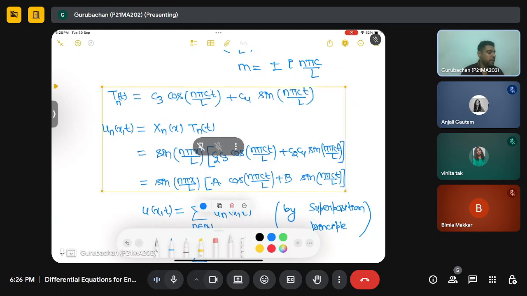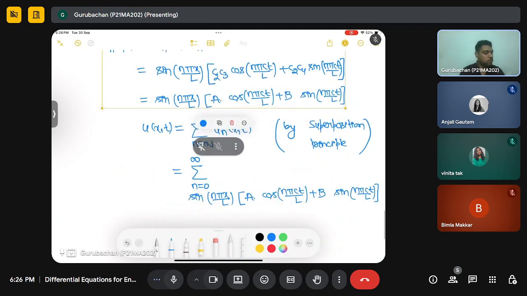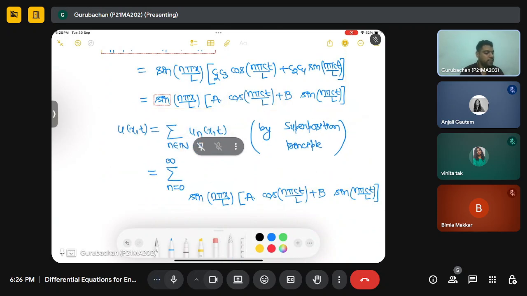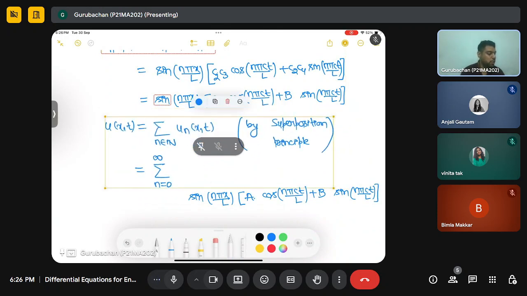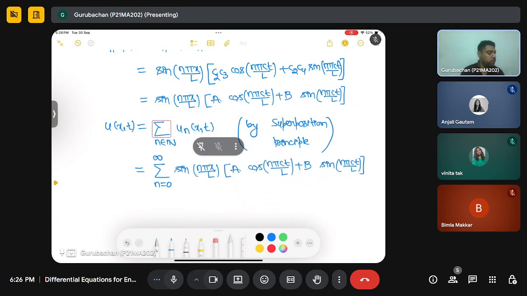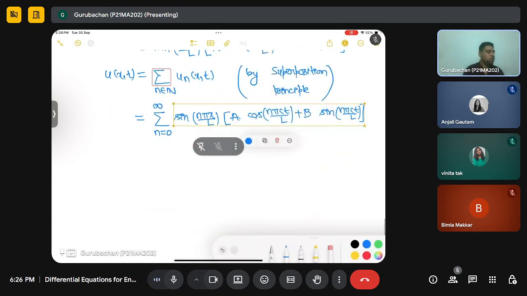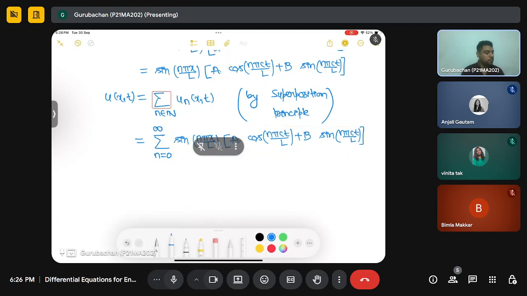This is our u_n(x,t). Now this will be our u(x,t) by the superposition principle, where we have put the value of each u_n(x,t) here. So now we want to use our given initial conditions.